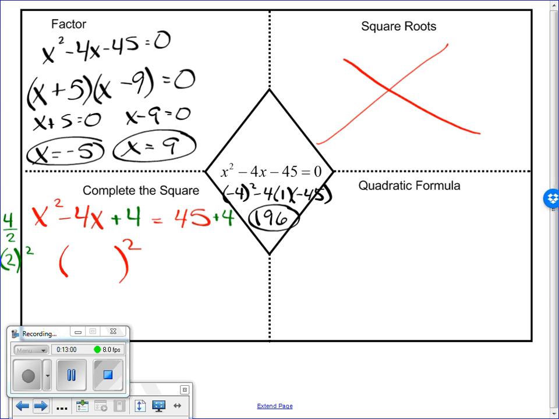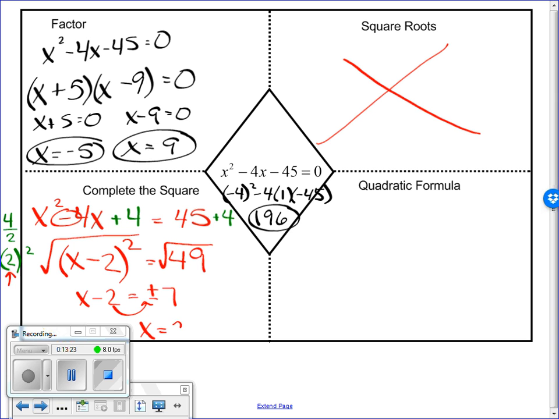How does it factor? Good. x minus 2. Right, there's your minus. There's the 2 squared equals 49. Then we'll do the square root. Plus or minus 7. Good. So move the 2 over. So we get 2 plus or minus 7.